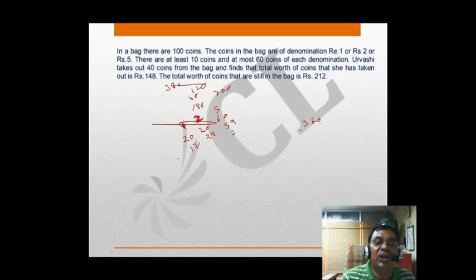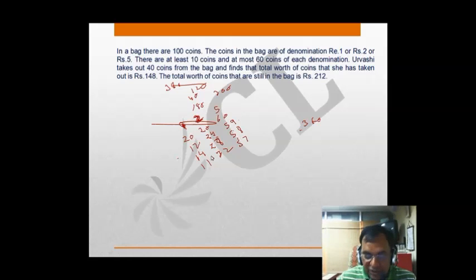So this is the combination. Then 58, 28 and this will come to 14, and then 57, 32, 11. So this will all come down to 100 coins. So there will be 4 cases.